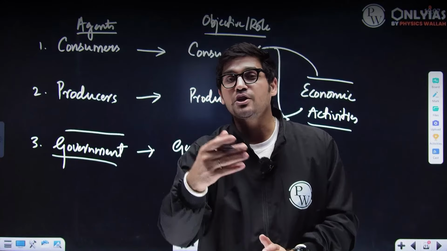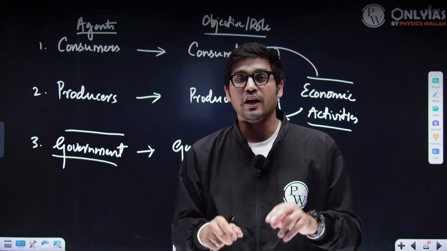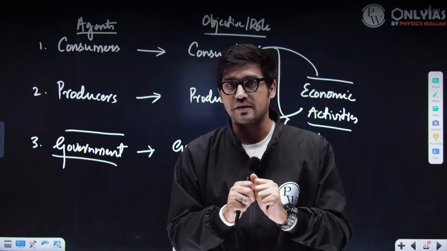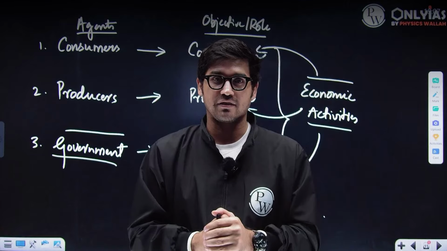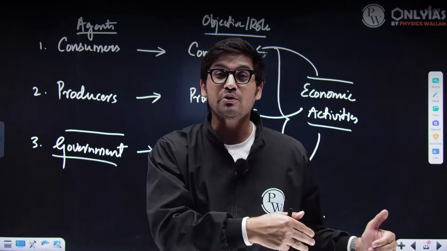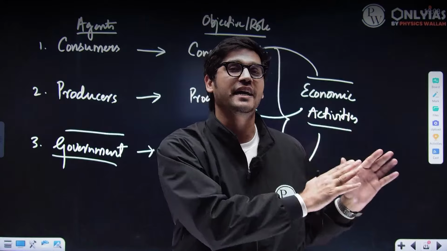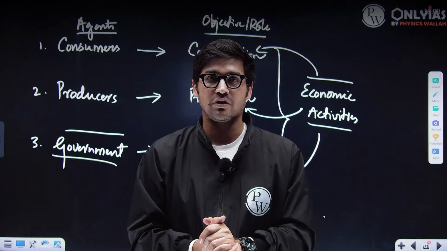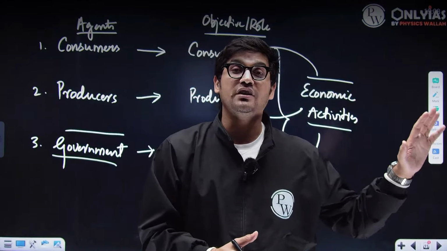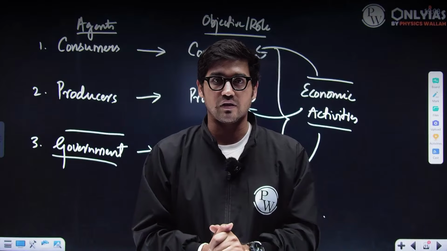The exam that you're going to be writing, it's called Indian Administrative Services, Indian Police Services, Indian Foreign Services, Indian Revenue Services. You will be producing these services on behalf of the government. If you get to be an IAS, you will be producing administration as a service. If you get to be a part of the defense forces, you are producing safety and security as a service.